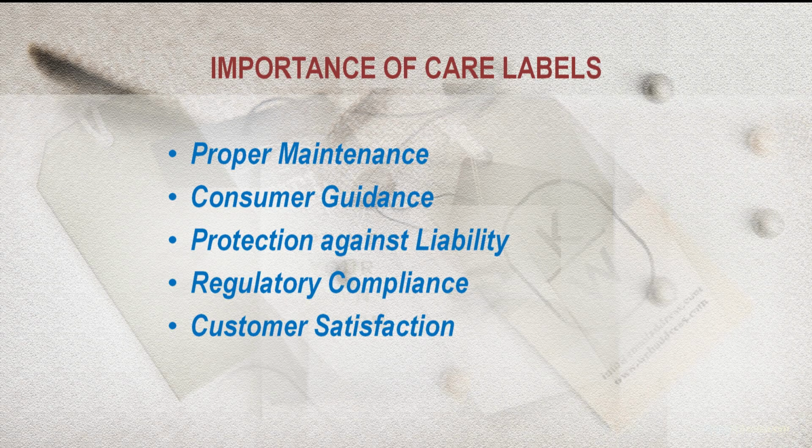For proper maintenance, sometimes it is mentioned that we should not fold the fabric or garment, or how we have to keep it. Then consumer guidance is also given on product labels, along with protection against liability, regulatory compliance, and customer satisfaction. These types of labels we can see on any product, whether a garment or a household product. So these are the different types of labels we see.